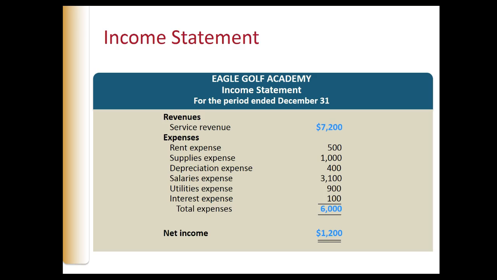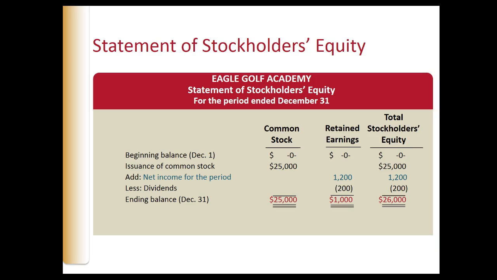In this case, the net income is on the income statement. The statement of stockholders' equity summarizes the changes in each stockholders' equity account, as well as in total stockholders' equity and the accounting value of the company to the stockholders, who are also the owners.